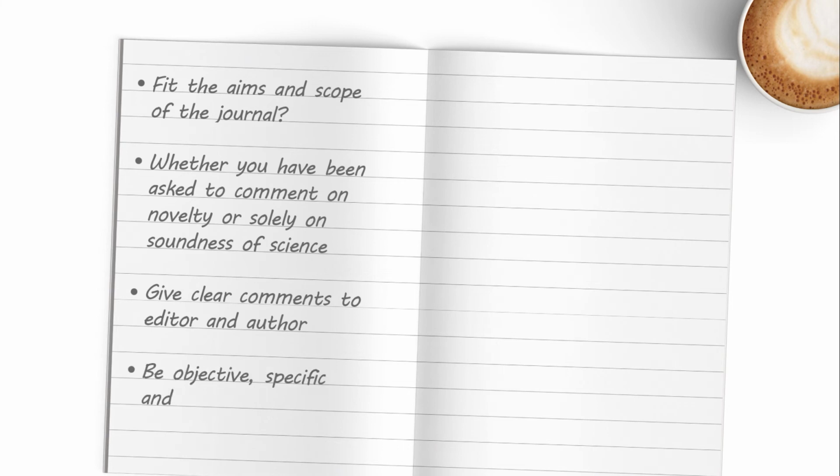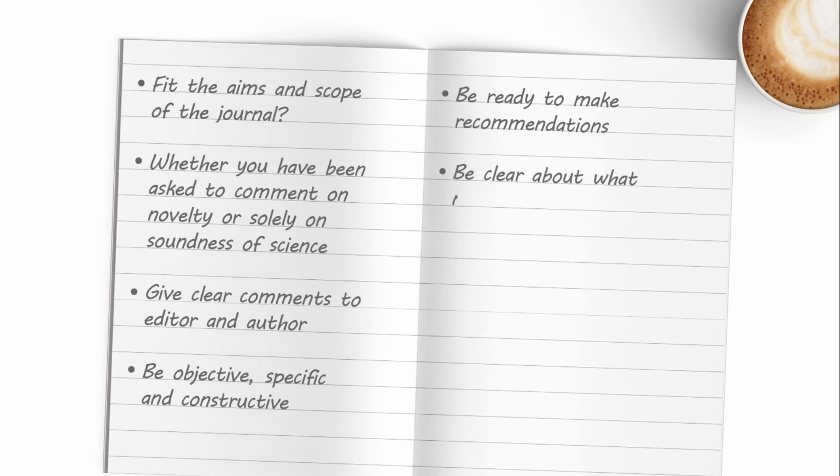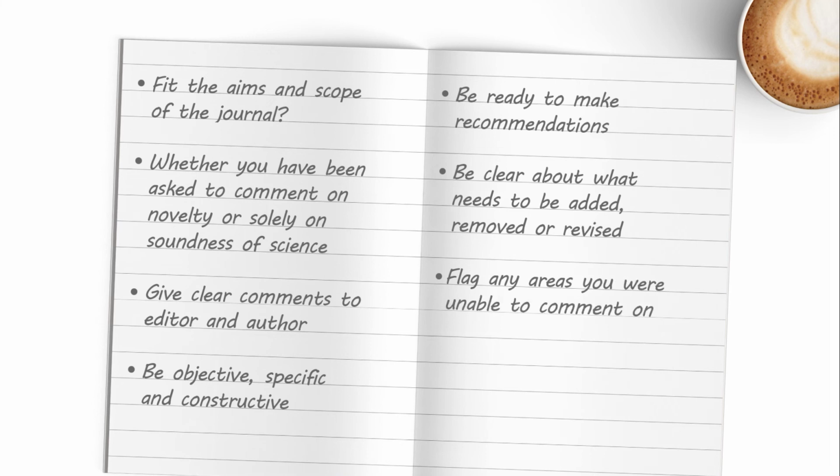Be objective, specific, and constructive, and be ready to recommend if a paper should be accepted, rejected, or revised with major or minor revisions. Also, be clear about what needs to be added, removed, or revised. Flag any areas of the review process or manuscript you feel you were unable to comment on in the confidential comments to the editor section.